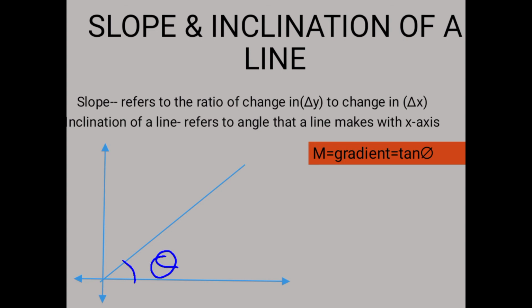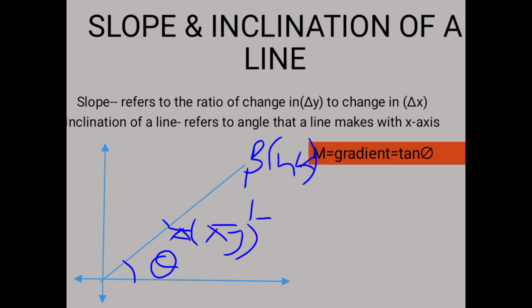Suppose we have a point A here with the coordinates x, y, and point B here at the end with the coordinates h, k. We can extrapolate in order to find the gradient. So this point here is also angle theta.